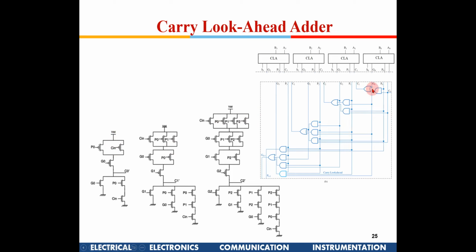The thing is, these two together can be implemented by this circuit. If you see here, if G0 is 1, this will be pulled to 0. Otherwise, if P0 is 1 and C0 is also 1, this will be pulled to 0. So you will get C1 bar out here, and then you put one more inverter.